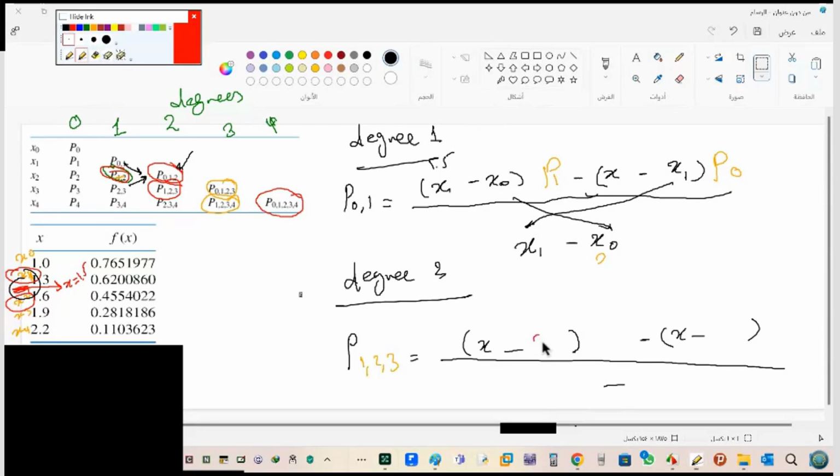So it is x first, it is x1, x3, x3, x1, and here we have x1, 3, 1, 2, 3 came from 1, 2, and 2, 3. So it's last one, first one. Is it clear? Easy?